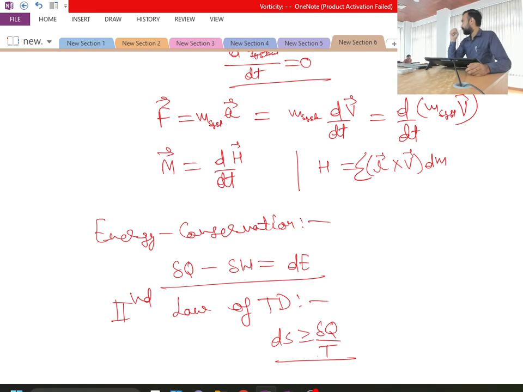Is this one clear? For the system approach, these laws are very easy to determine. But whenever we consider the flow of a fluid, we cannot always fix a parcel of fluid and keep following it. That is not always possible. We have already discussed that if we go for a system-like approach where the identity of the fluid is not changing, then we have to consider the Lagrangian approach, and implementing it at the engineering level is not practically possible, because the number of equations we have to solve becomes extremely high.